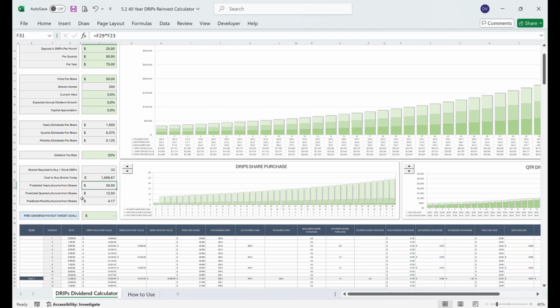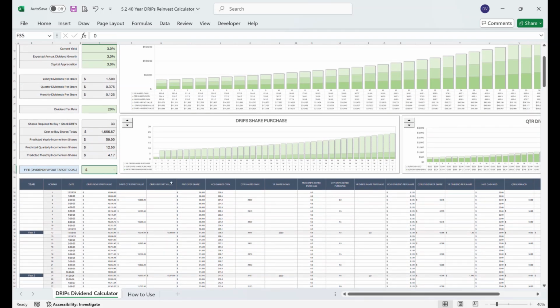So that's calculating how much you need to buy a share. Then you predict yearly income from shares, and the formula for that is yearly dividend multiplied by shares required to buy one stock. Okay, and predict quarterly income and all. This is yearly, quarterly, monthly. So that's how you calculate all that.